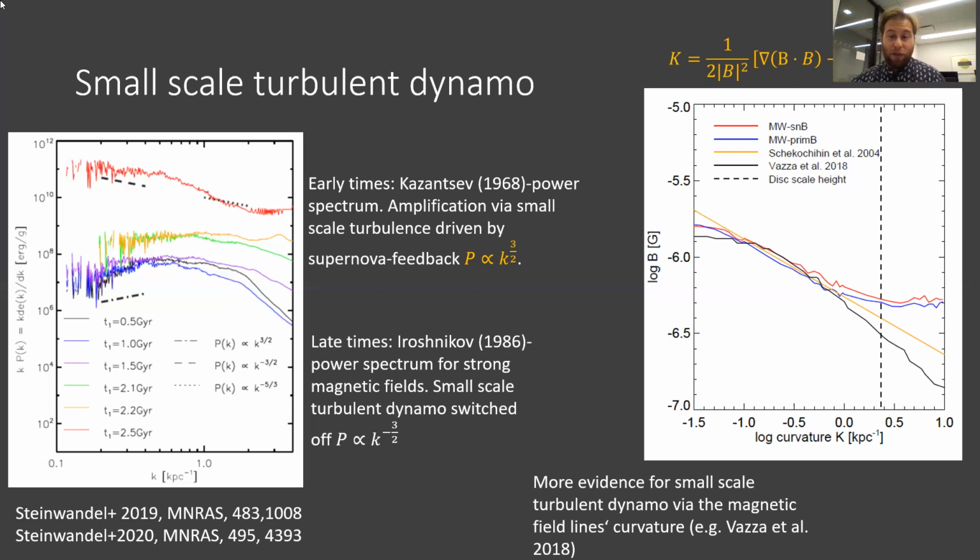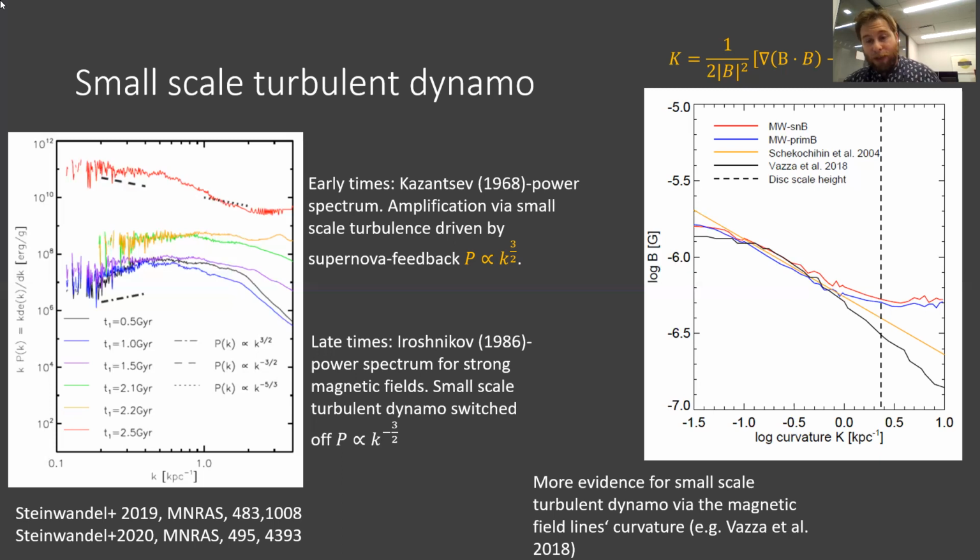And this is what you can see here on the right, where we plotted this in red for our supernova seeding model, and in blue for our primordial magnetic field model, and compared with the predictions of very, very high resolution simulations of the ICM. So it's subsonic turbulence. There's a caveat already for galaxies, because there you might expect supersonic turbulence.